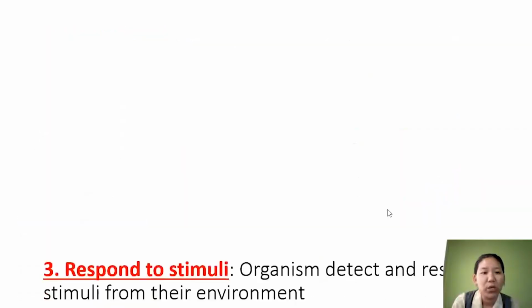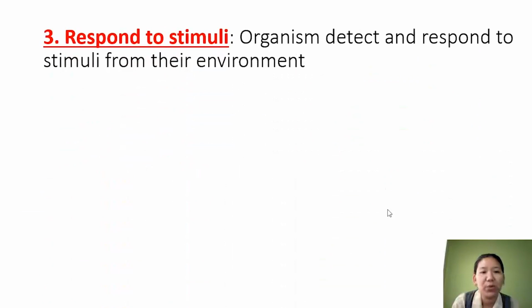Now the third one, response to stimuli. All organisms can sense their environment and respond accordingly. So that is response to stimuli. Stimuli can be in any form. It can be heat or temperature, light, chemical, or anything.